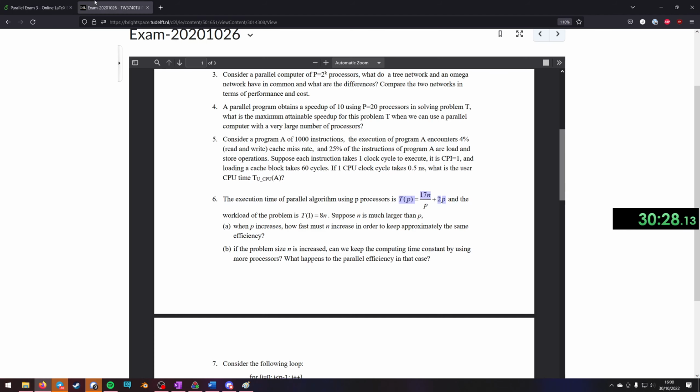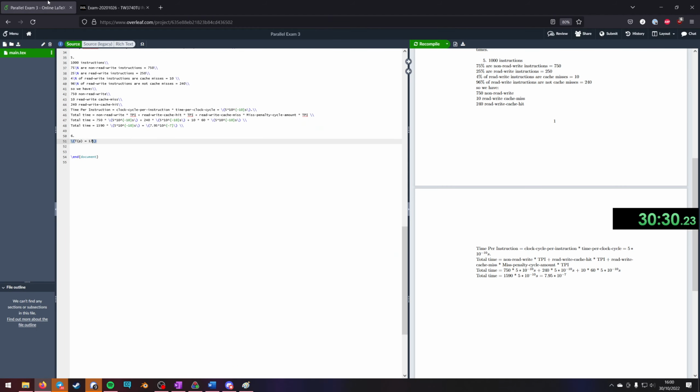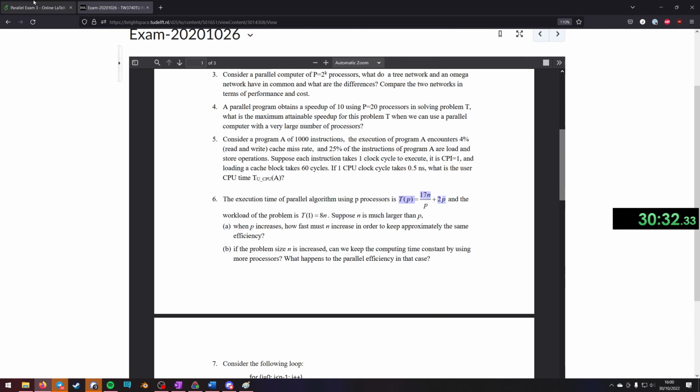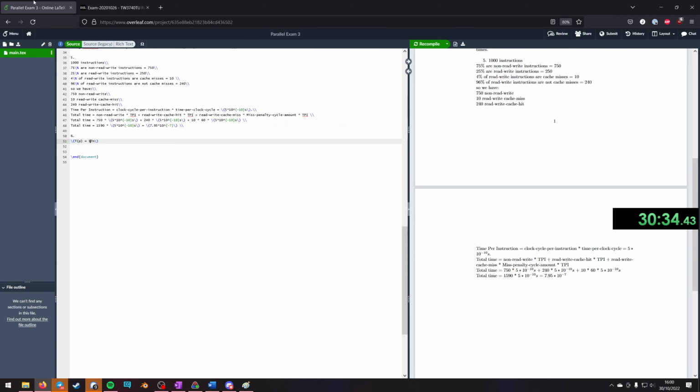Yeah. TP is 17n over P, I'll be nice and use this fancy thing, plus 2P. Overhead is TP minus, or C dot P minus W. I'll write down W just to be nice.